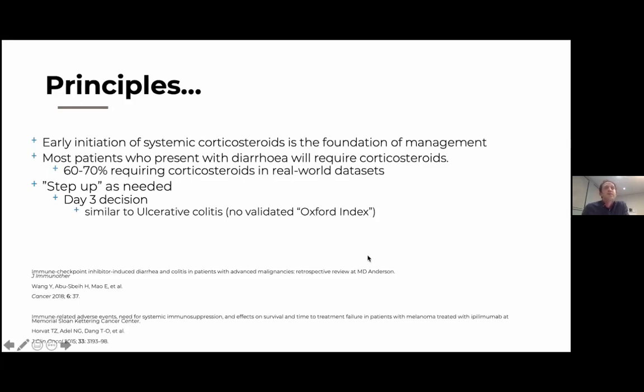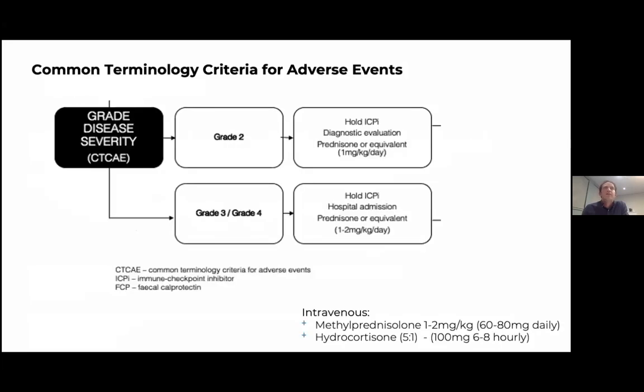The question of stepping up with patients is extrapolated from the UC experience, with a view to give 72 hours to see if there's been a clinical response, but there is no day 3 criteria that's been prospectively validated. So in terms of the IV medications, the use of methylprednisolone or IV hydrocortisone in equivalent doses, again similar to the UC literature, is advised.